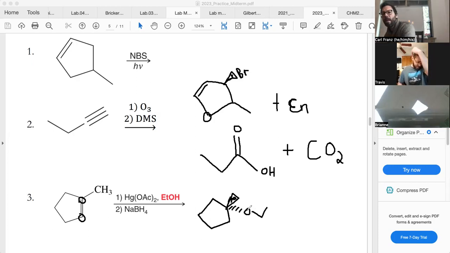If that was MeOH, then it would be a methyl group instead of an ethyl group, right? Or if it was propanol, it would have one more carbon on it. So just be alert for what is coming along with that oxymercuration, and that's kind of why I highlighted that in red there. Okay.